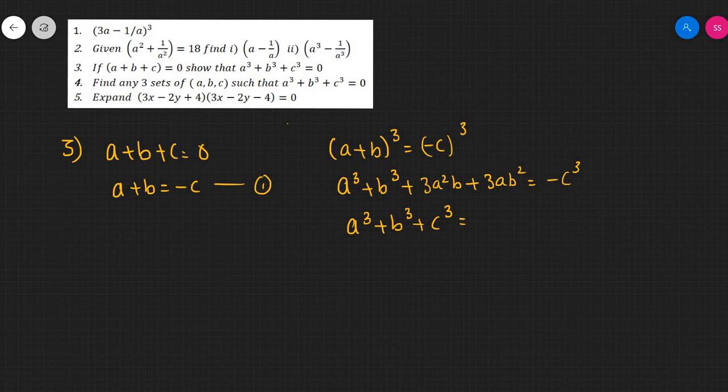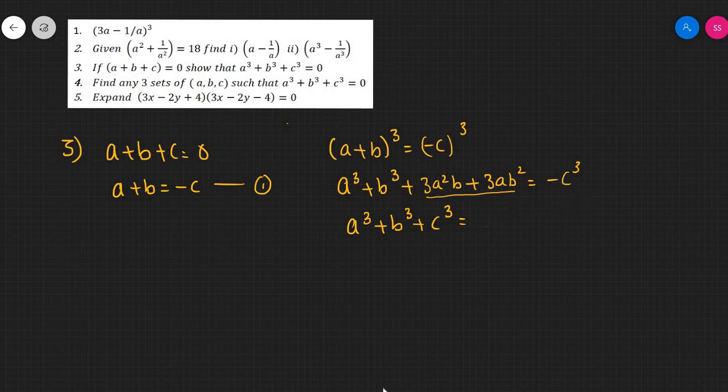you take these two values to the other side. So that would be 3ab into a plus b. Oh, sorry, since we take these two terms to the other side, there is a minus sign involved. Let's do it step by step, and let's not miss a step.